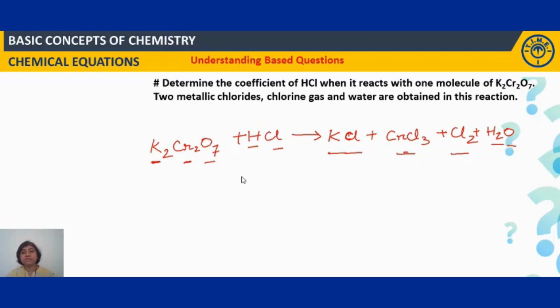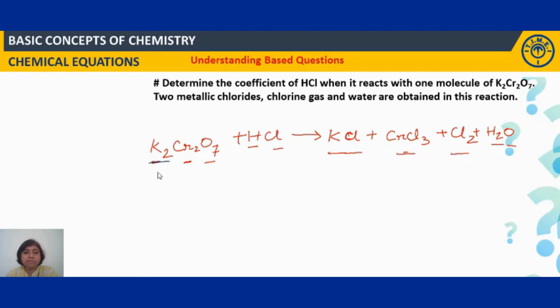So we'll balance these elements first. Among these, potassium and chromium are metals, while oxygen and hydrogen are non-metals. Generally, we start our balancing from the metallic atoms. So let's start. I will just change the color of the pen so that you can understand it better.